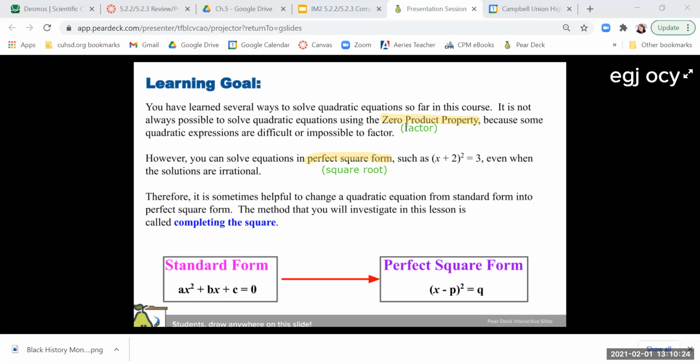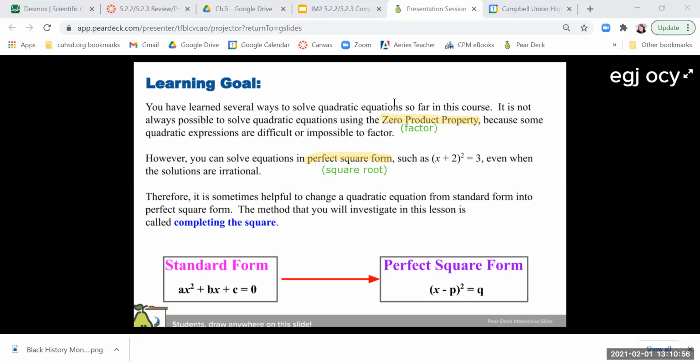So these two methods are what we've learned so far. Sometimes we can't factor, and so we'd like to take the square root. But if our equation isn't in perfect square form, we would get stuck. So it can be helpful to change a quadratic function from standard form to perfect square form in order to take the square root of both sides and solve it that way.